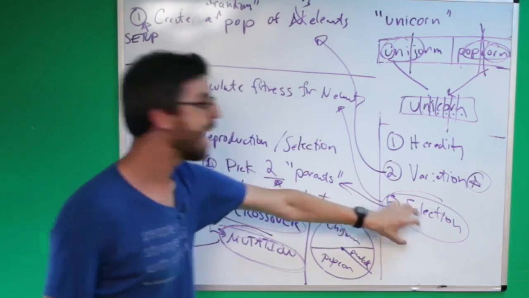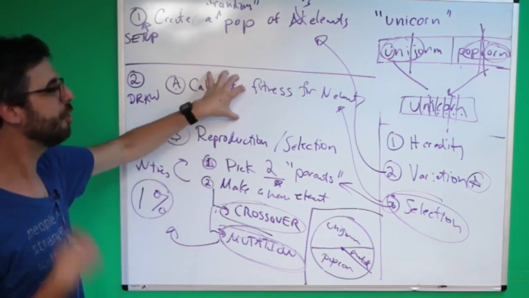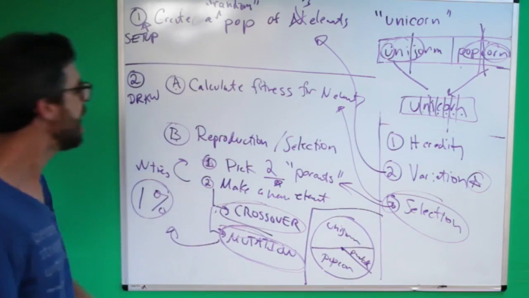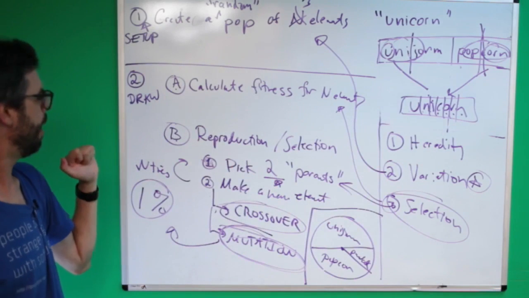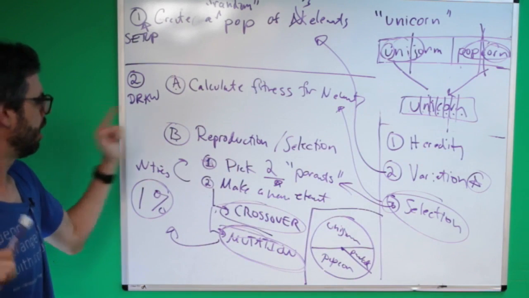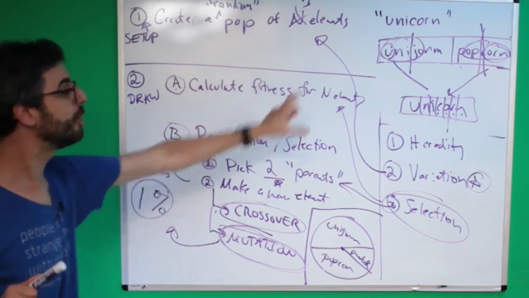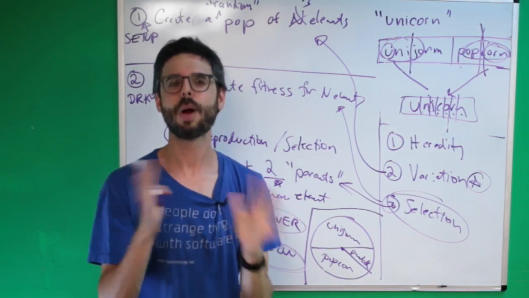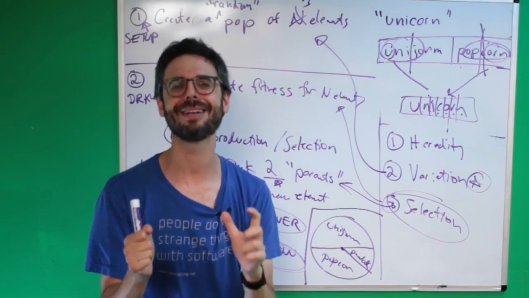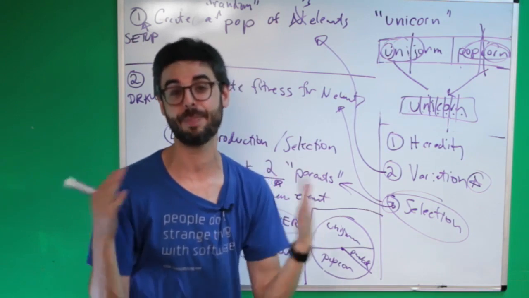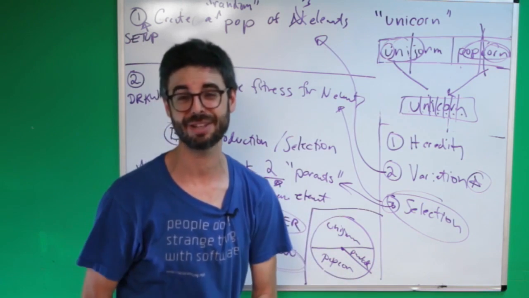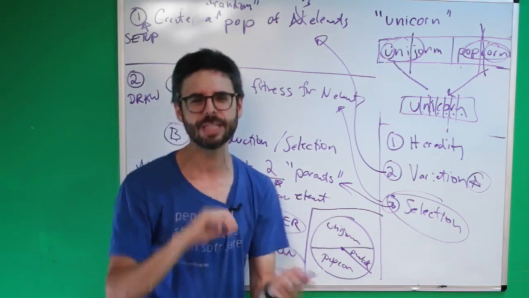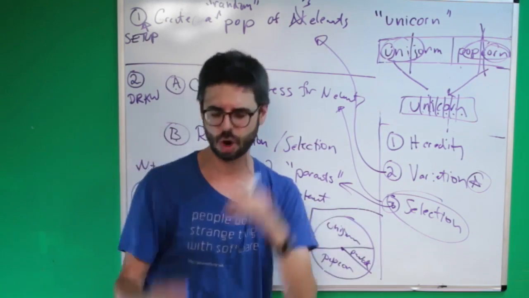And selection as this way of calculating using a mathematical function to assign a fitness score to each element of the population, as well as then using that fitness score as a probability for whether or not that element of the population will be picked as a parent to pass this genetic material down to the next generation. So in the next video, I'm going to say a few more things, and then I'm going to save looking at the code for the next video.